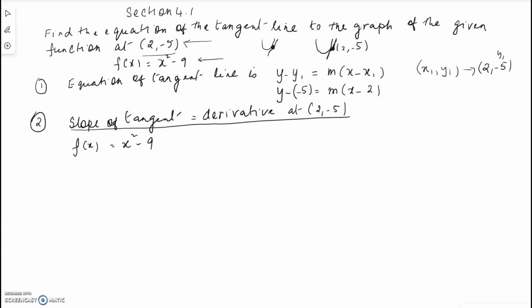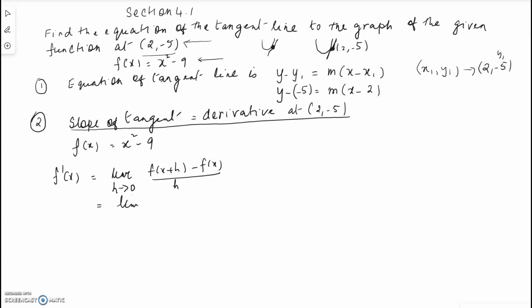Since we are still in section 4.1, we need to use the limit definition of the derivative, which is the limit as h approaches 0 of f of x plus h minus f of x, divided by h. So this is the slope of the tangent line.